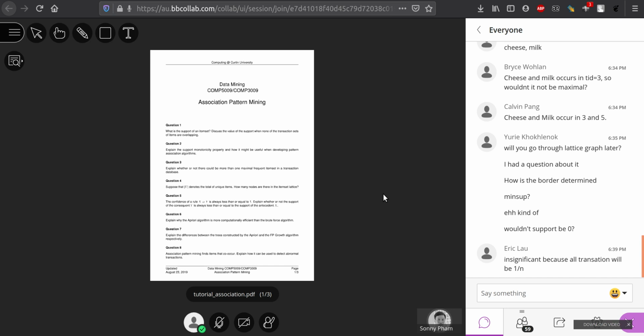How many possibilities can you have for the value of the support of any item set you can possibly construct? Eric, you said insignificant because all transactions will be 1/n, but that doesn't really answer what the question asks.